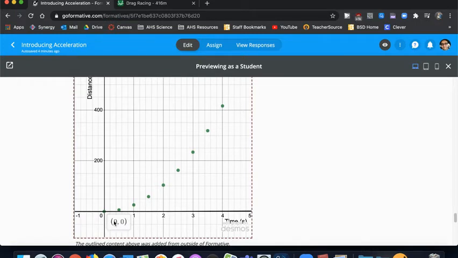And x is always going to be recorded first, so this is x comma y, or in other words, time and distance. Your time is 0 seconds, and your distance represented by this data point is 0 meters. So to solve for that velocity, you would do distance, 0, divided by time, 0, and your velocity would be 0 meters per second. So it started off sitting still or parked.